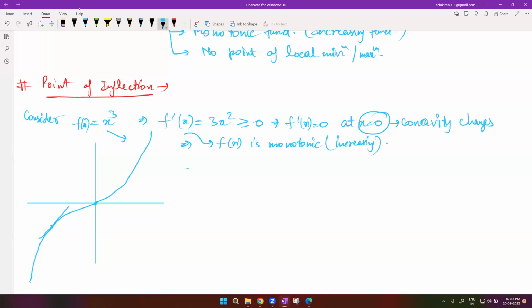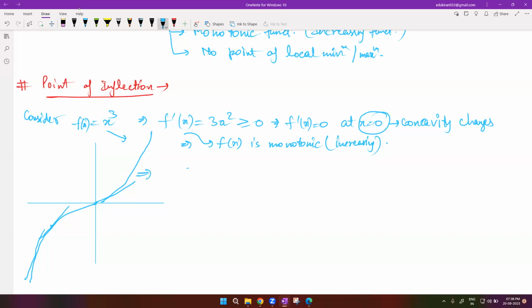This will be a tangent at this point. Let's say I'm drawing a tangent at this point. Every time you draw a tangent on this curve in the third quadrant, the tangent is above and the curve is lying below the tangent, right? But every time you draw a tangent here, you can see that the curve is above and the tangent is below, right?